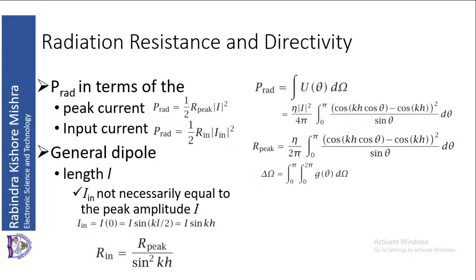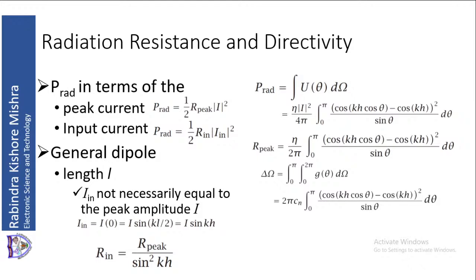Then delta omega, we know it is the integration over theta from 0 to pi, integration over phi from 0 to 2 pi, g theta d omega. That we can write as 2 pi into Cn, where g theta is equal to Cn, then put the other R peak value.